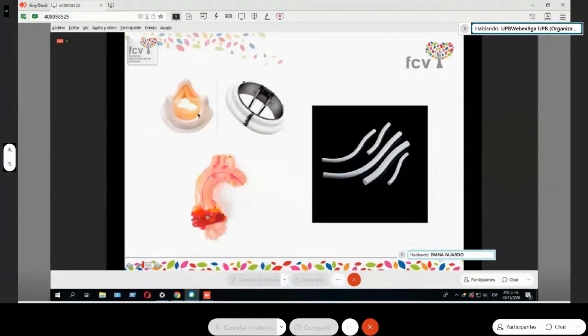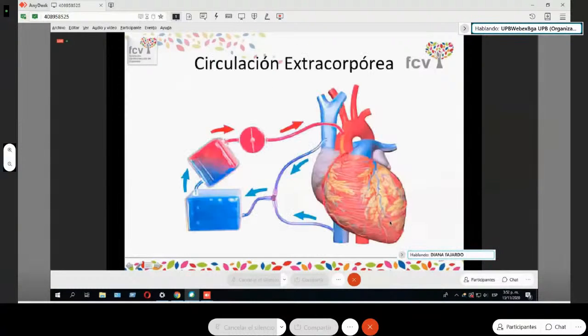So many of the surgeries, or most of the surgeries, are reconstructions and fixes within the heart. So to do it, we need to stop the heart and to have something else doing its functions. That something is this machine. What this machine does is, through some hoses, it collects the dirty blood coming from the body to the heart with a hose on the superior vena cava, and then there is another hose on the lower vena cava.